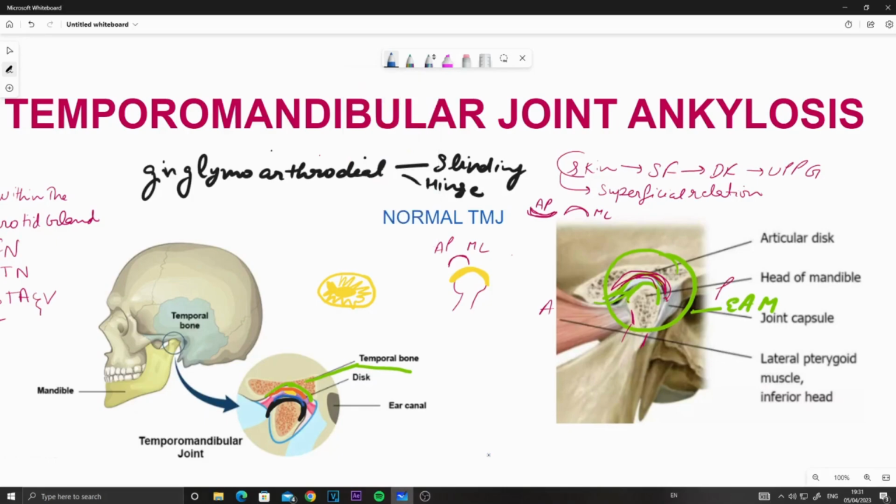The blue one will be the lower compartment and the orange colored one will be the upper compartment.